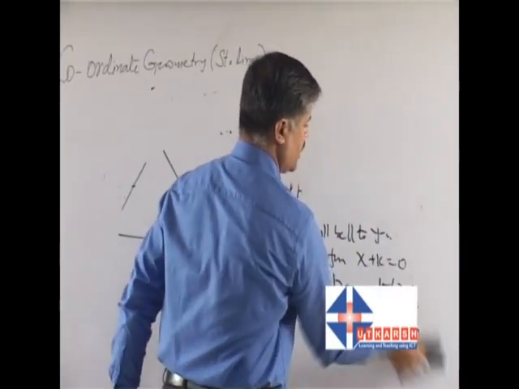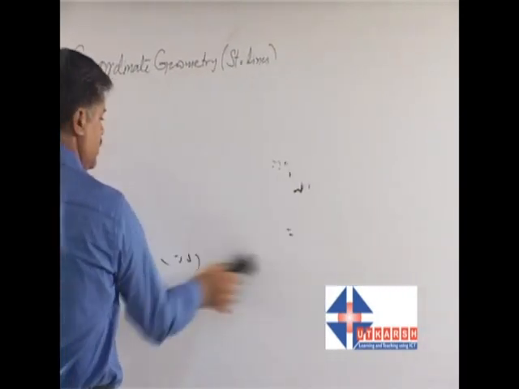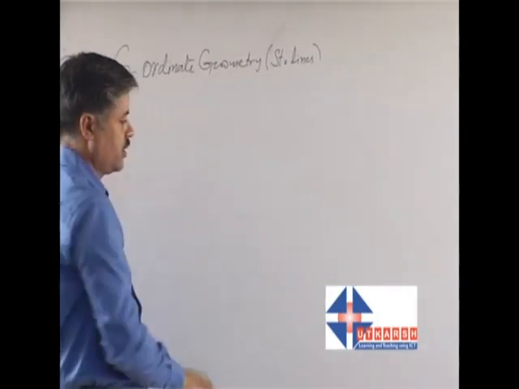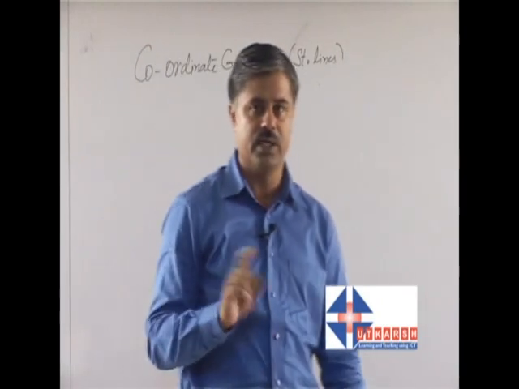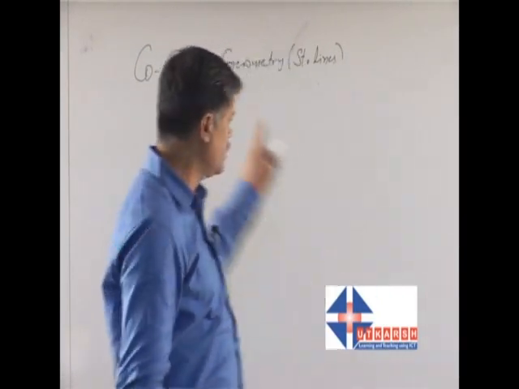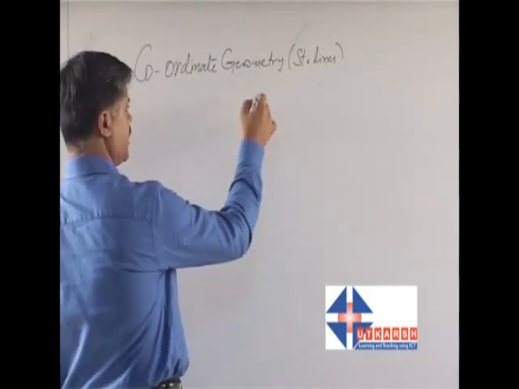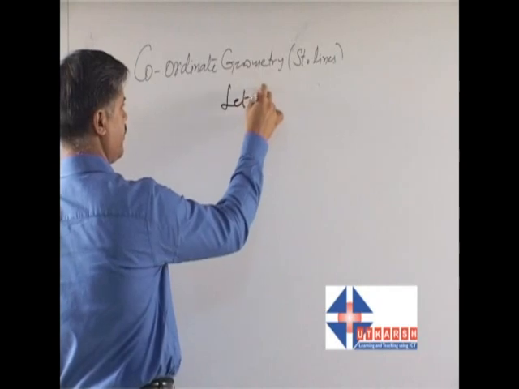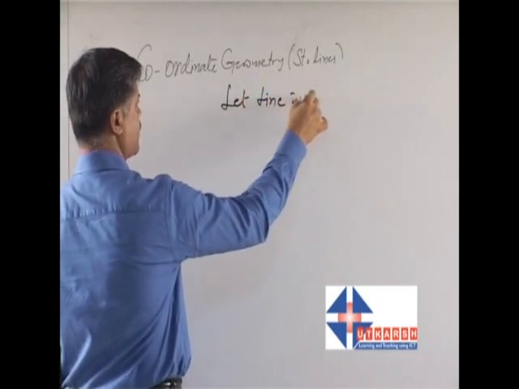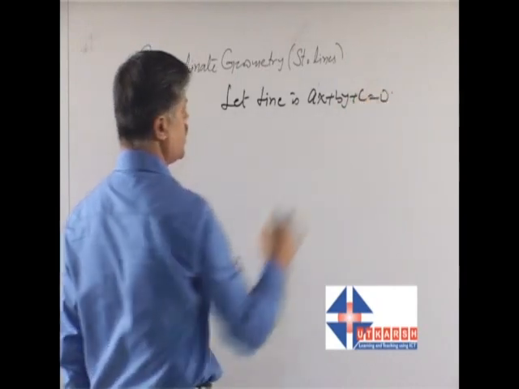Next, here you have seen how to find the equation of lines by different methods. Now the next topic is: if you have the equation of a line in general form, can you find out these things? Let the line be ax plus by plus c is equal to 0.